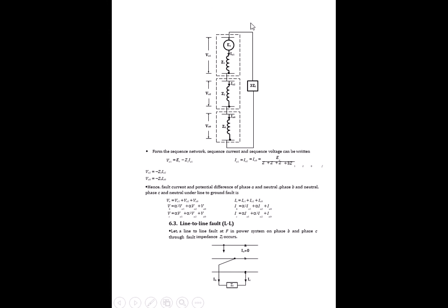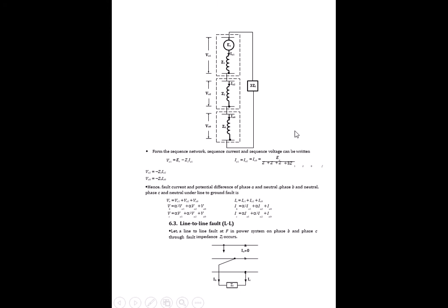Write this also. So these two points are important. Then write simply the current equation, voltage equations, and these two lines. And then draw this sequence network. This is very important, because this represents how we can draw the equivalent diagram for the unsymmetrical LG fault.